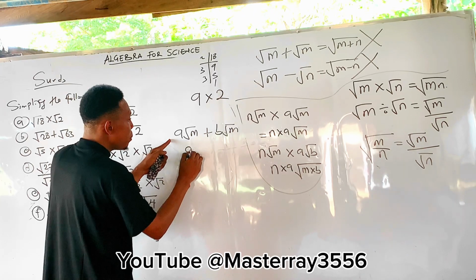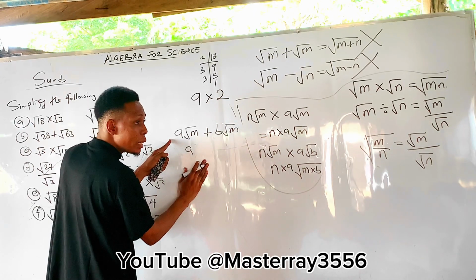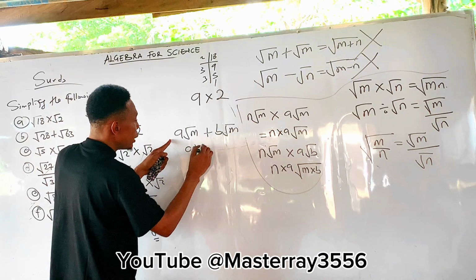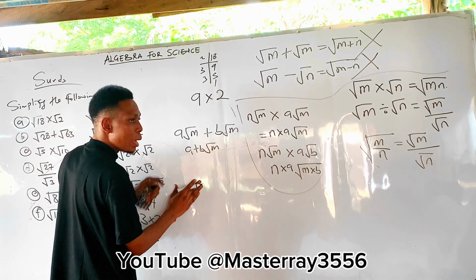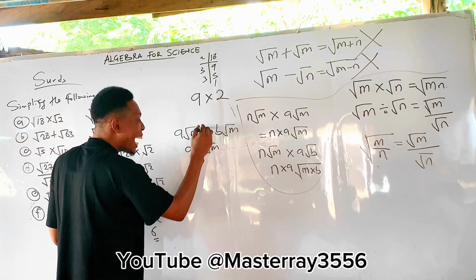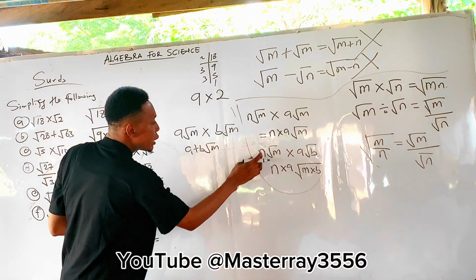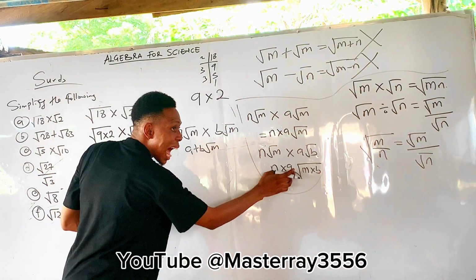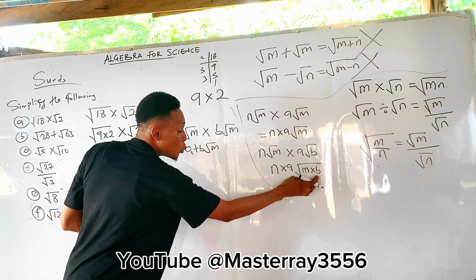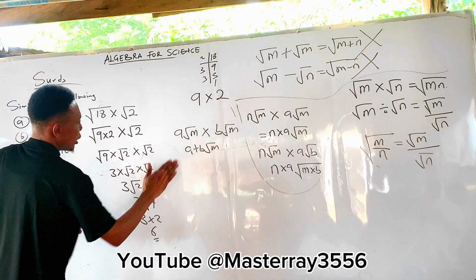This is stated as a plus b, then root m. Are you following? So that is when you add the same root. But once it's times, what is outside multiplies what is outside, and what is inside multiplies what is inside. Please take note of that.